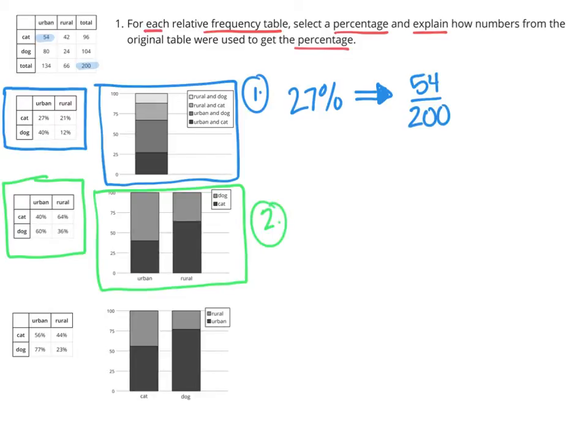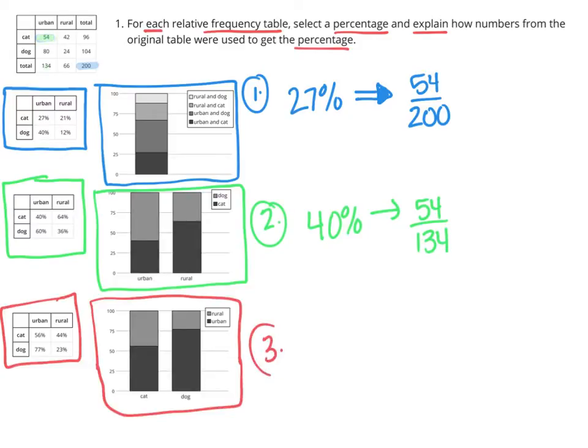For that second frequency table, your 40% that we found in urban came from the 54 that we got out of the 134, okay, because that was the total there. And then for our last frequency table, the 56% came from our 54 out of a total of 96 cats. So that's where we got all of our percentages from each of the tables.